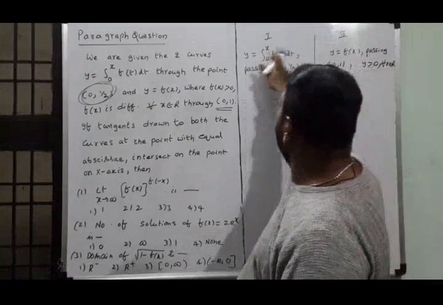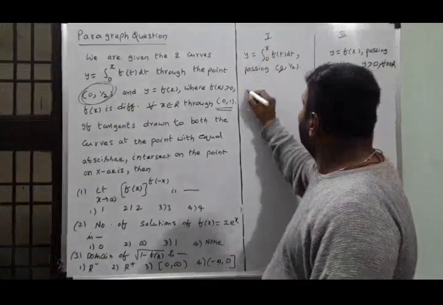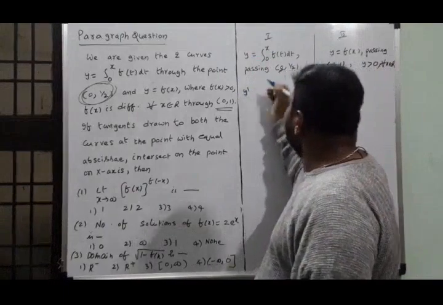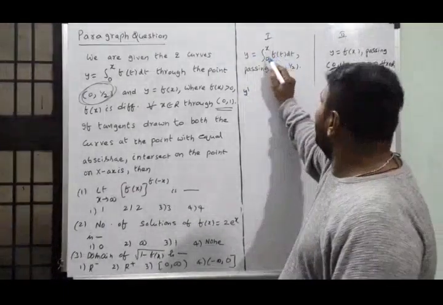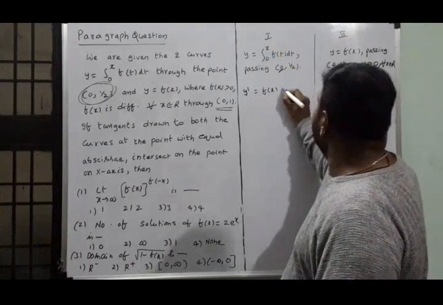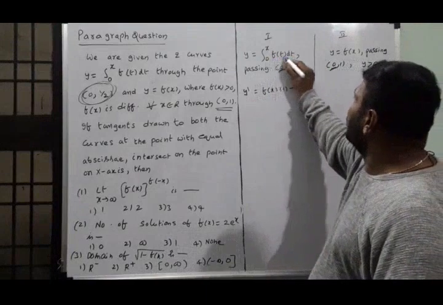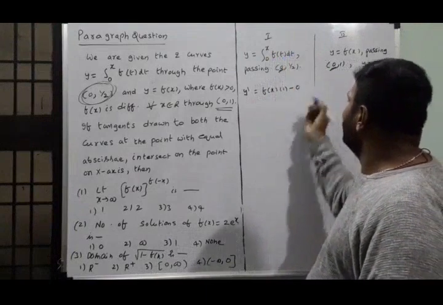Now differentiate both sides using the Newton-Leibniz rule. So y' is equal to substituting the upper limit f(x) times the derivative of x which is 1, minus substituting the lower limit f(0) times the derivative of 0 which is 0.